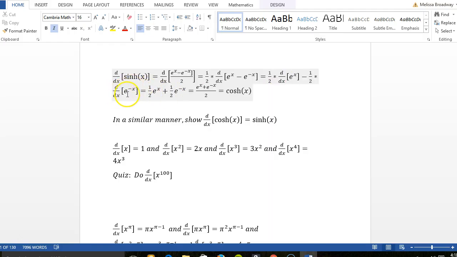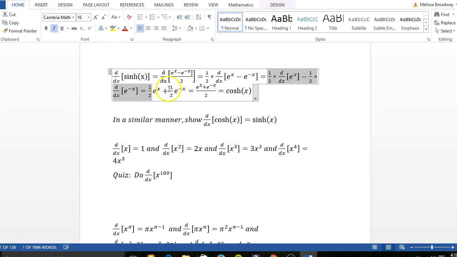I'm not derivated yet. Now we derivate. If I derivate e to the x, I get e to the x. If I derivate e to the negative x with respect to x, I get negative 1 times e to the negative x, but that negative 1 is going to multiplicatively bump into this negative 1/2, and I get positive half here.